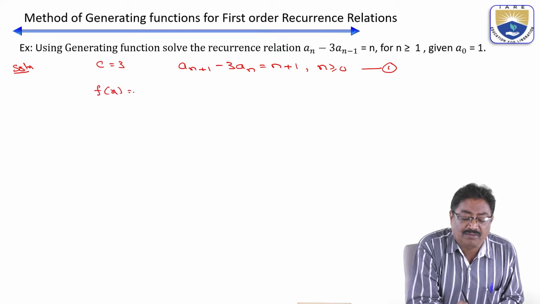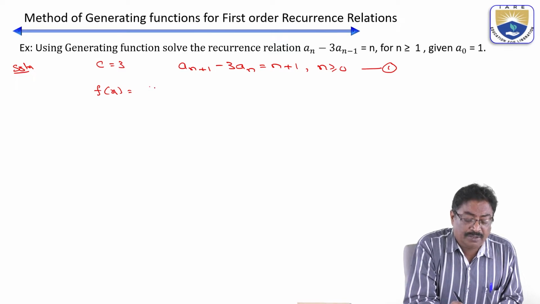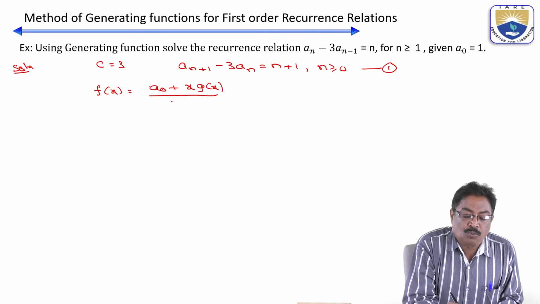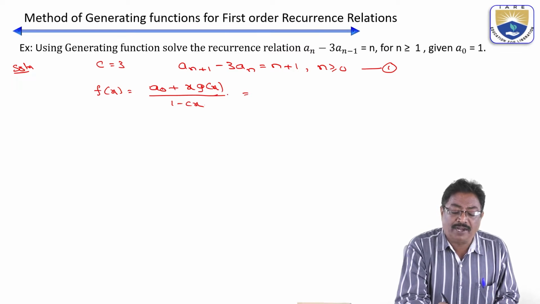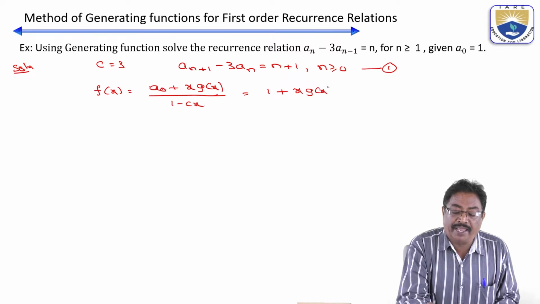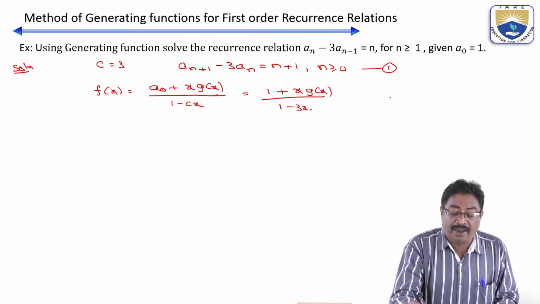F of x is equal to a naught plus x into g of x by 1 minus cx. So a naught is equal to 1, it is given, and x g of x by 1 minus 3x. Call this as equation 2.